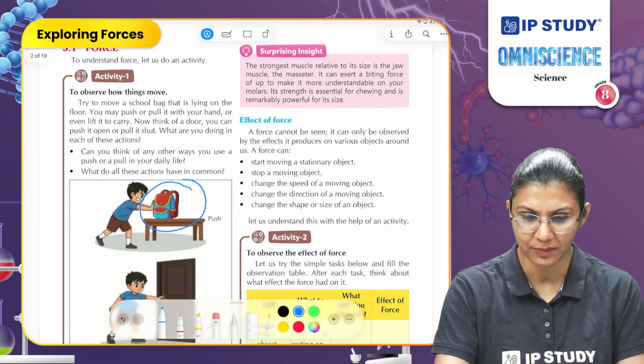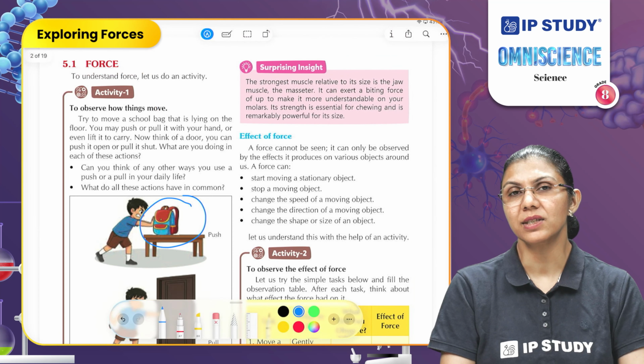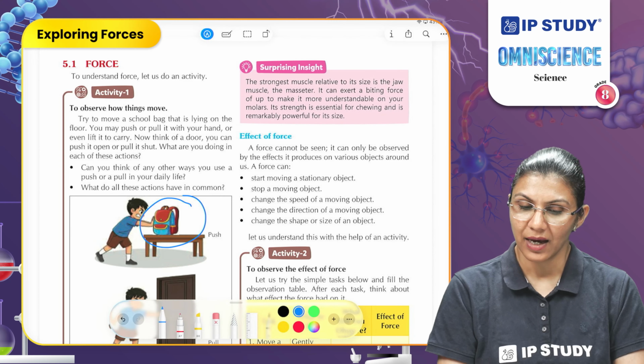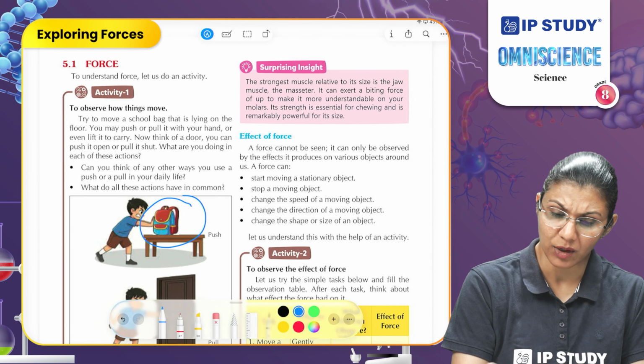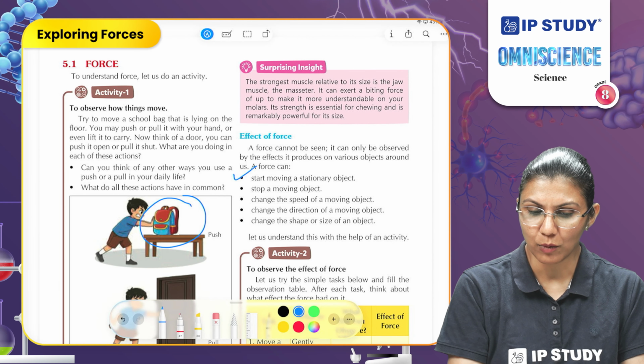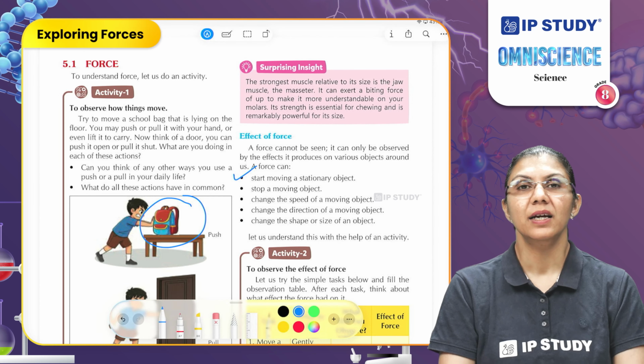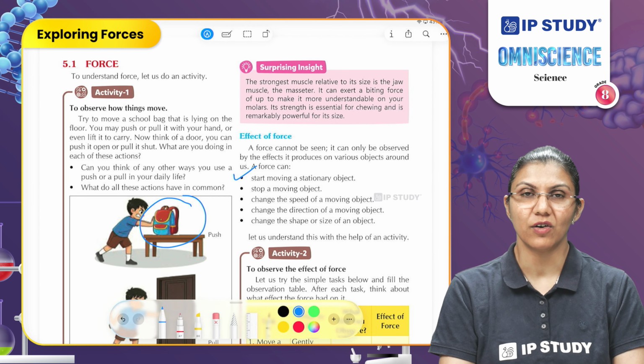We can conclude here. Whenever a force is applied, there are some effects which we can see as a result. What are these? The object on which the force is applied can change its state of motion.